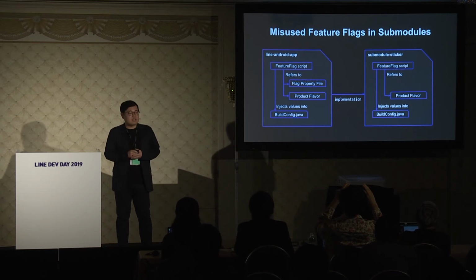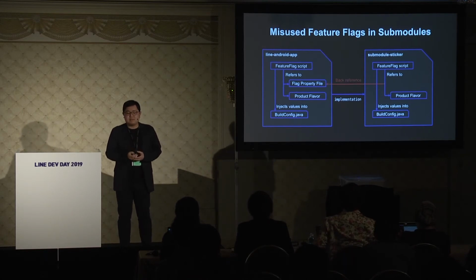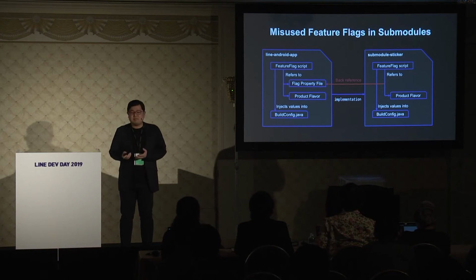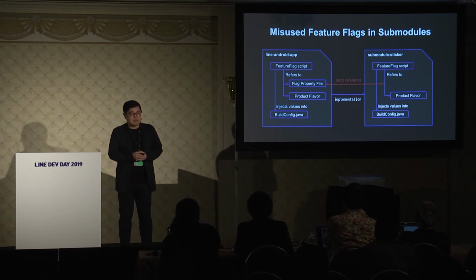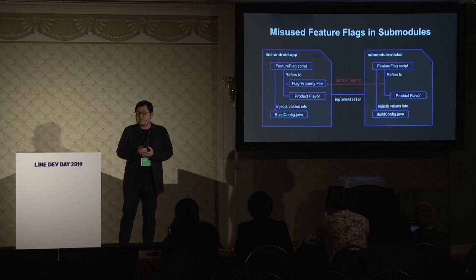So the first, the submodule's responsible person actually copied the script to generate the feature flag. So from the submodule, it goes to the app property file, and so a reverse reference state is created. So in that way, the script was used.